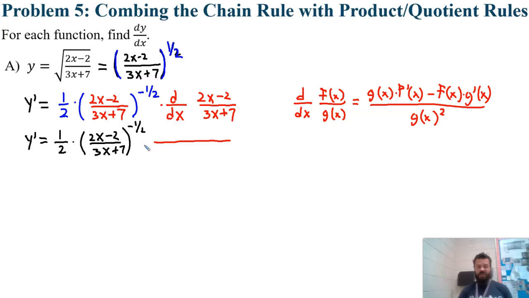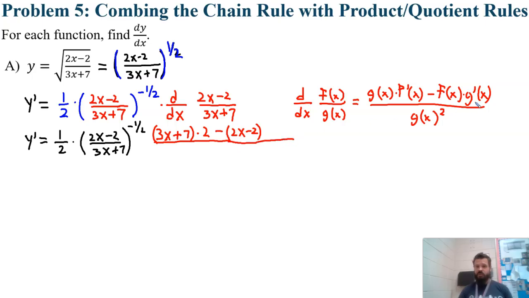We'll make a big fraction. We can extend it if we need to. Okay, we've got the denominator here, 3x plus 7, which I'll throw in parentheses. Okay, times the derivative of the numerator. Derivative of 2x minus 2 is just going to be a 2. All right, minus the numerator, that 2x minus 2.